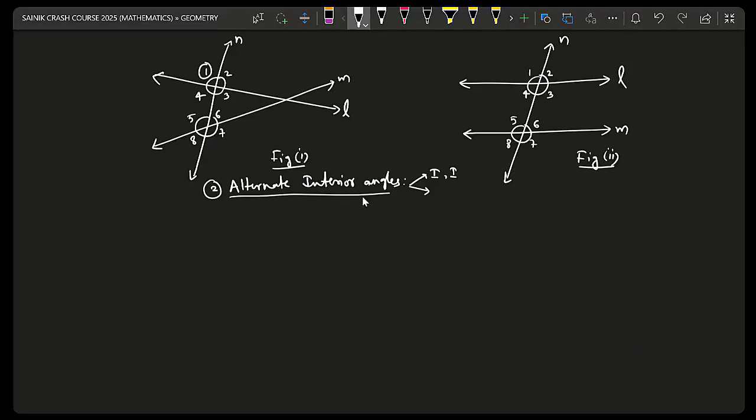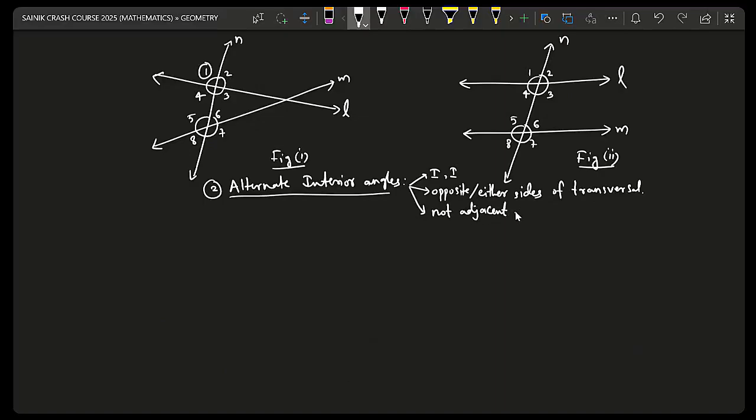Second condition, this word alternate means they are lying on the opposite sides or either sides of the transversal. And the third condition, same as corresponding angles: they should not be adjacent.